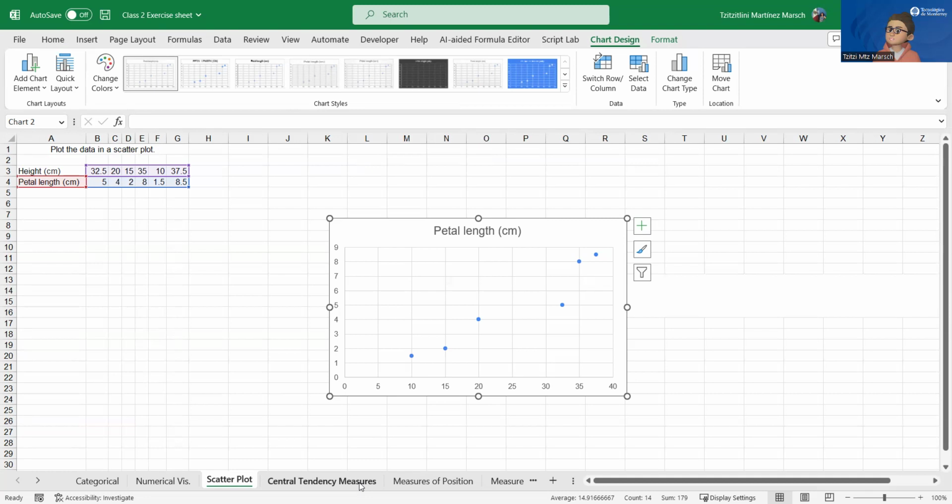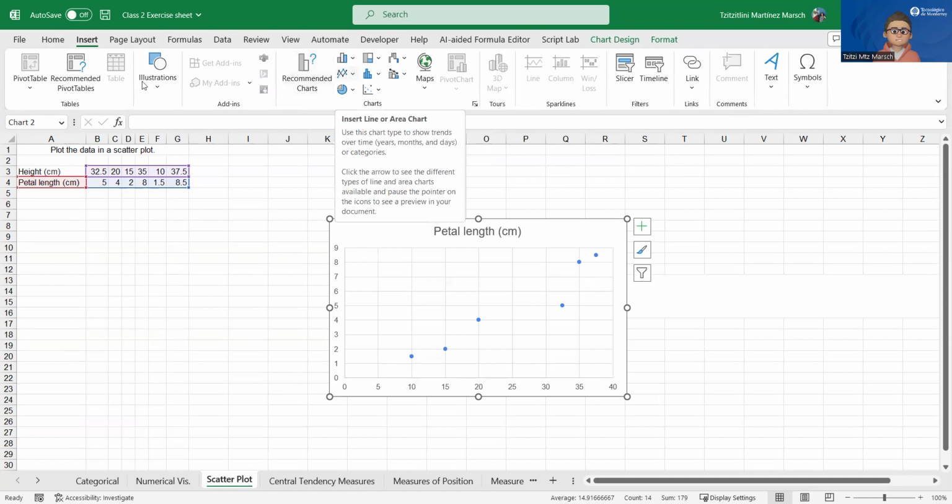I remember what we talked about. You can have a strong or a weak correlation, and you can have a positive or negative. If I was to draw a straight line with my dots, I'm going to try to insert it here so that it's easier for us to see.